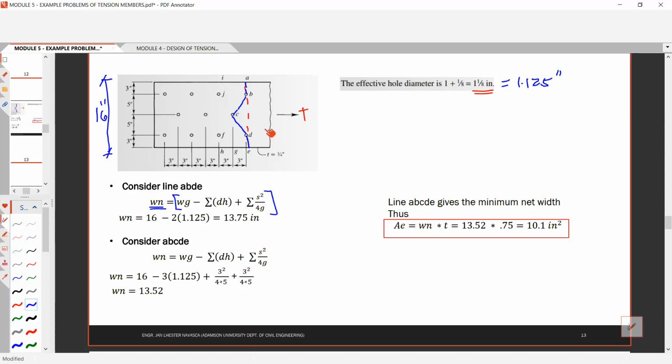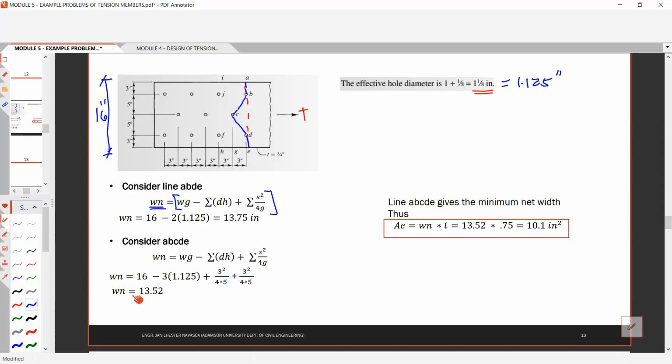And next we have this diagonal line CD. Since that is a diagonal line, we need to use the Cochrane's correction factor, summation of S squared over 4G. Again, your S is your pitch distance, 3 squared, and your G distance, again, is 5 inches, so 4 times 5.